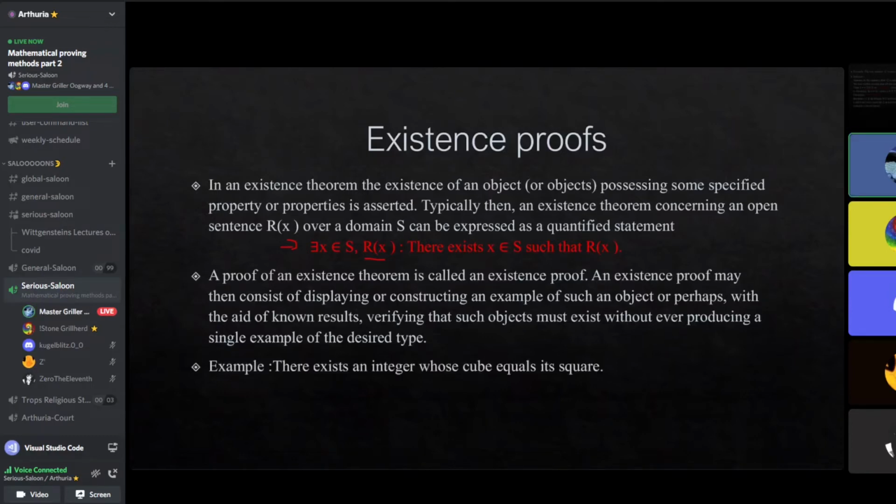This is a very simple example of what is meant here: there exists an integer whose cube equals its square. I think that you should be able to find this very easily. Does anyone have an idea which integer that might be?